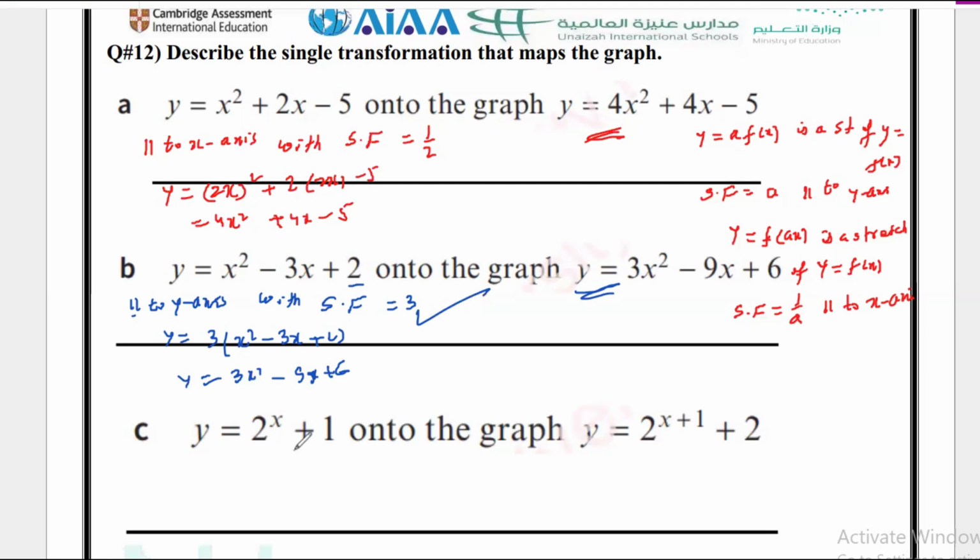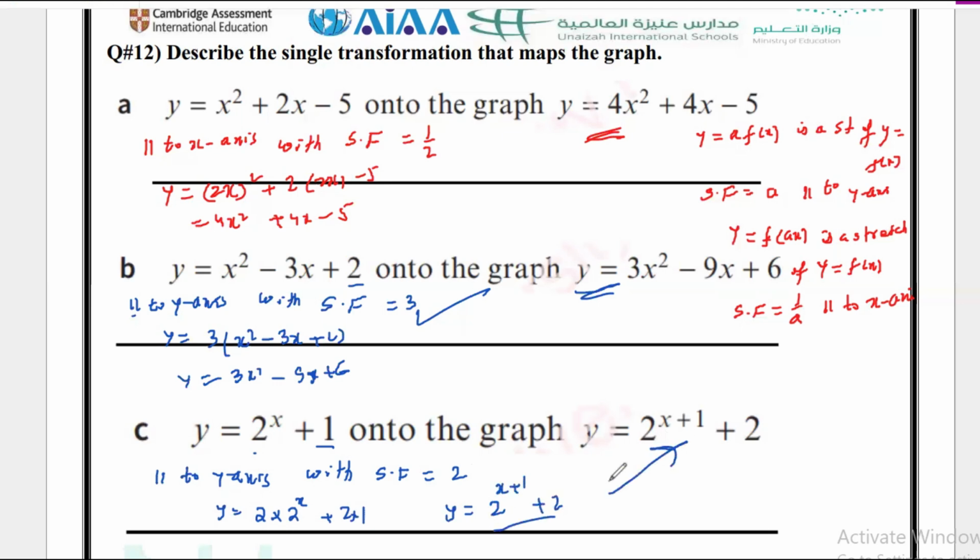And lastly, if you check carefully again, they are multiplying the right side by 2. So it means it is parallel to y-axis with a stretch factor. And if you want to check, 2 multiplied by 2 multiplied by x plus 2 into 1, which is equal to power x plus 1 plus 2.